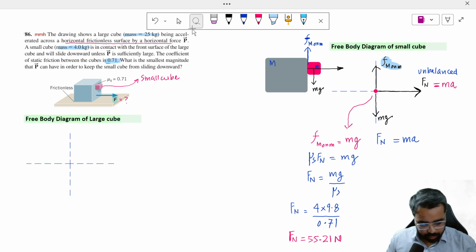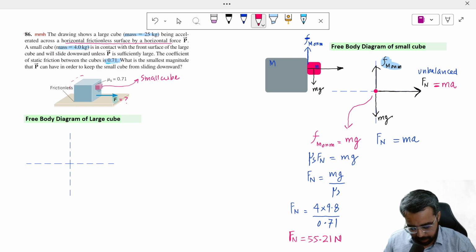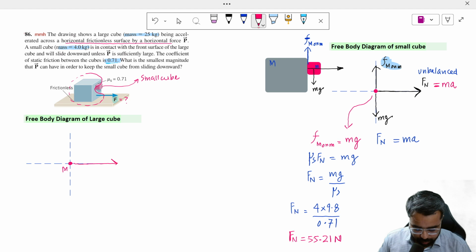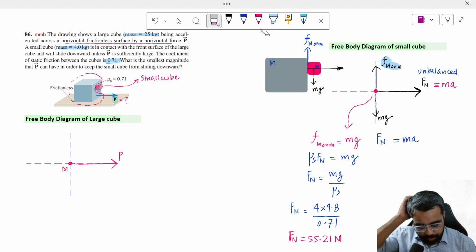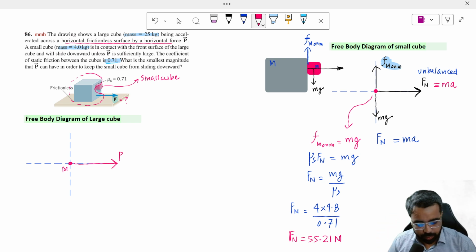Okay students, so what is the free body diagram of the larger cube? One force exerted to the right side on this larger cube is the force which is unknown. And what is the other force exerted on it? In our last part, we calculated that this is 55.21 newtons.